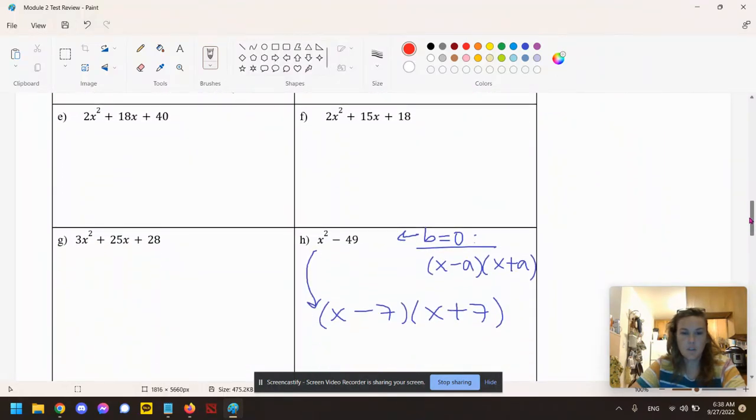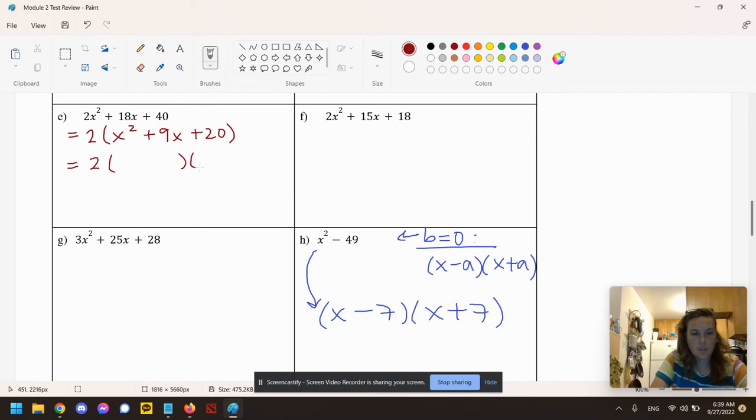The next three, one of them is like quote unquote easier because the A term divides all of the terms. So for this one, I can rewrite this as 2x squared plus 9x plus 20 because each single one of these terms, A, B, and C, divides by 2.